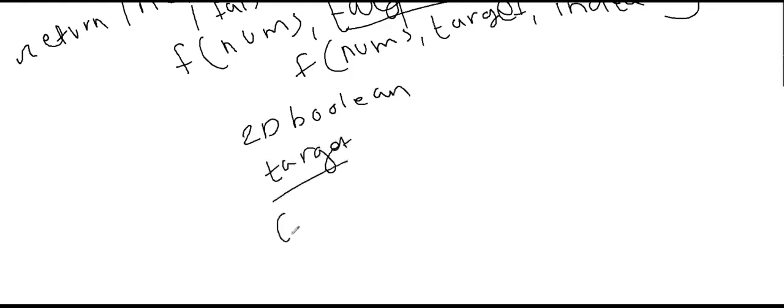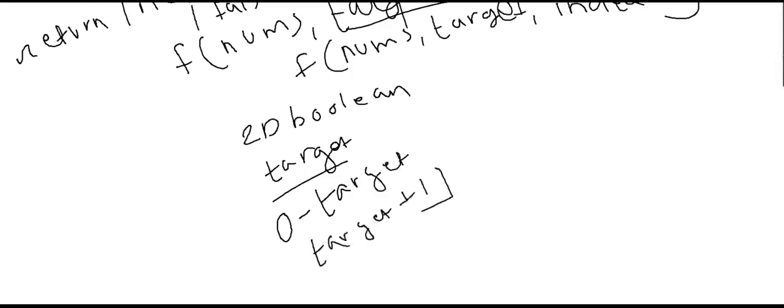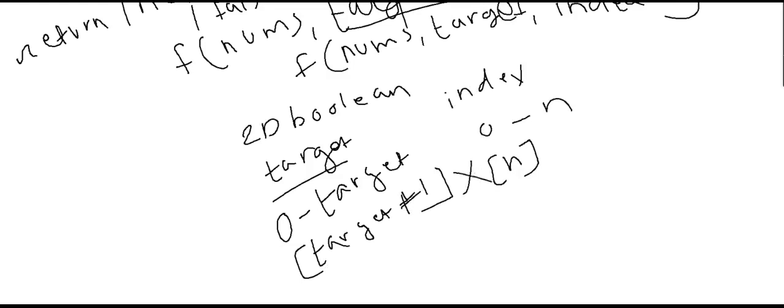So the target goes from 0 to the target, so whatever our target sum is, plus 1. And our index goes from 0 to n. So we need a size of n times target plus 1. That is our table size.